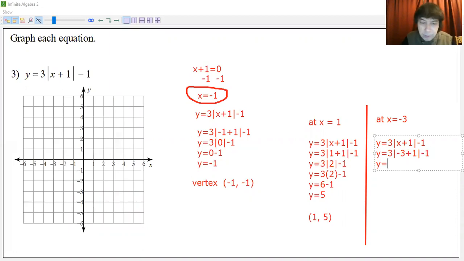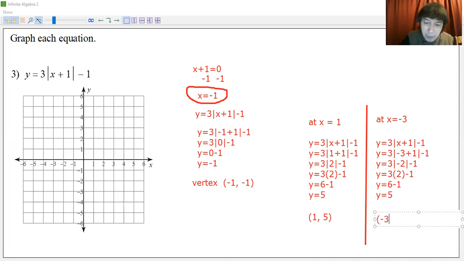And we have y is equal to 3 times, that results to absolute of negative 2 minus 1, which results to the same, okay? 3 positive 2. 3 times positive 2 minus 1, which will still give us a 6 minus 1, resulting to a 5. And so our y is again positive 5. And so we can see the symmetry. And at x equals negative 3, our value is again positive 5.